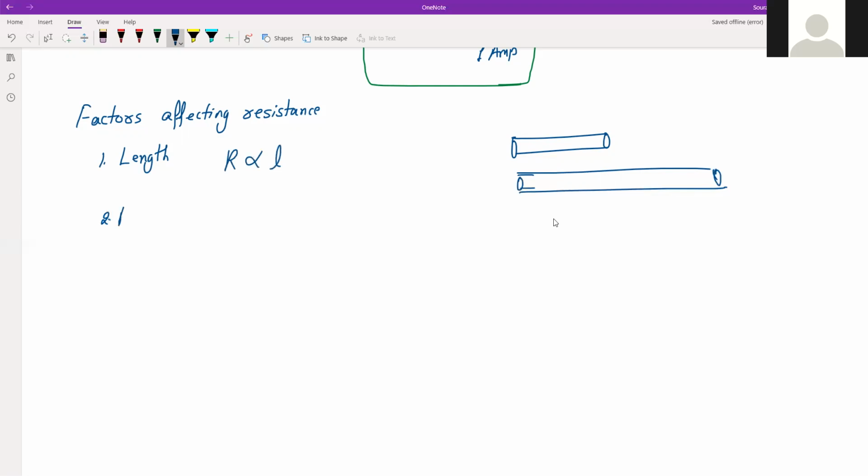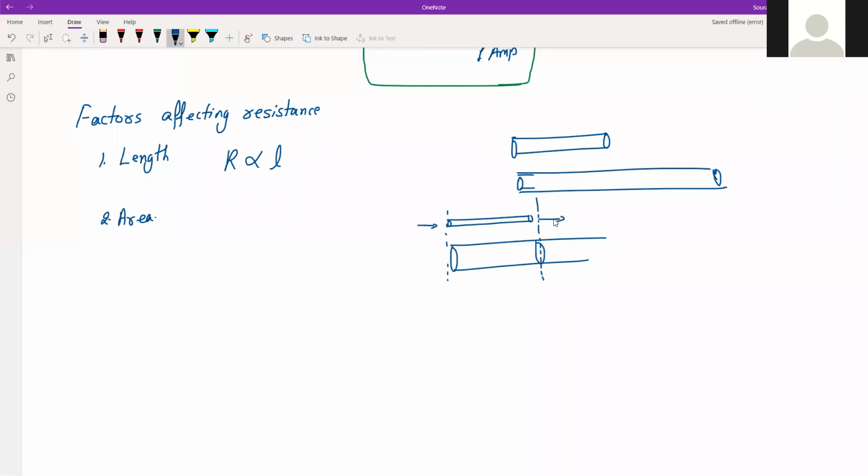And just the opposite in the case of area, the area of cross section. So one thin conductor like this, and another big conductor like this. Suppose their length is the same. That is, we are interested only in this much length. Electrons want to flow from here to here.